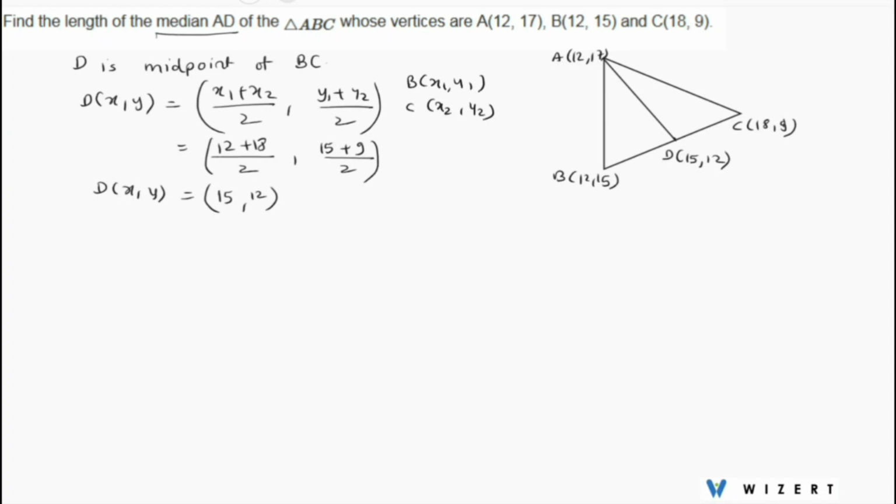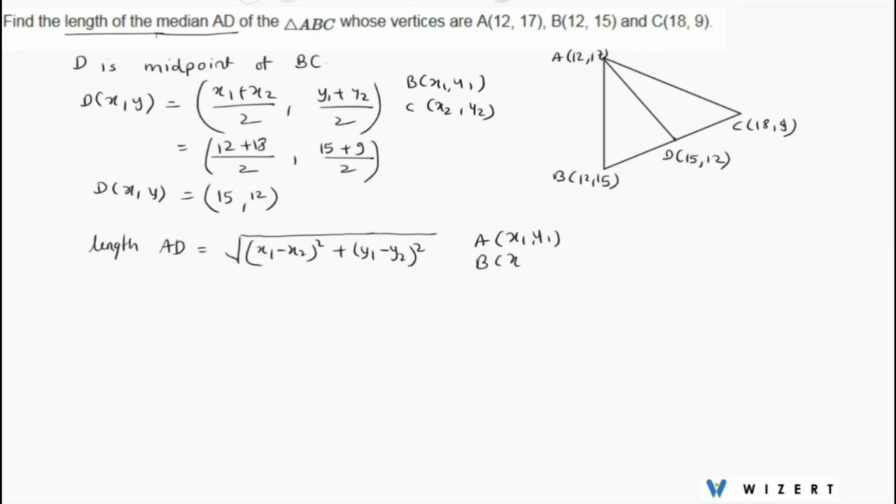So let's see. Now we have to find the length of the median. So the length of AD will be equal to the square root of (x1 minus x2) whole square plus (y1 minus y2) whole square, where A is (x1, y1) and D is (x2, y2).